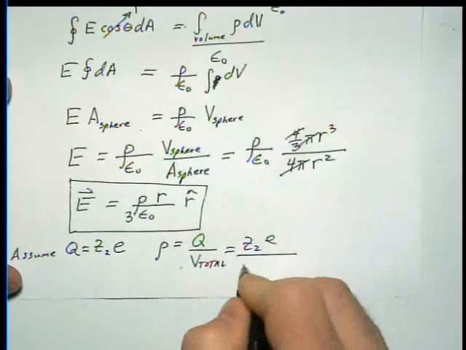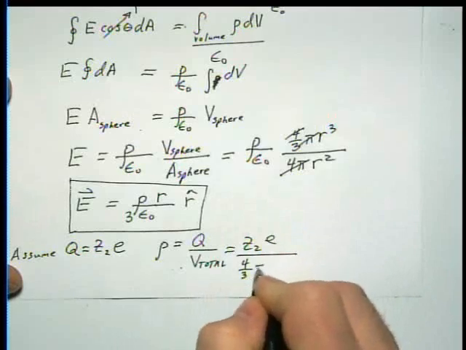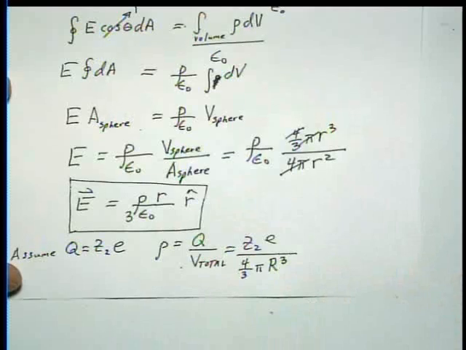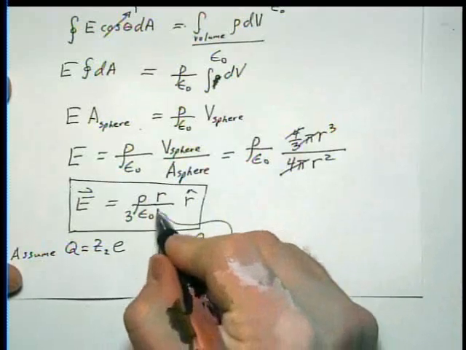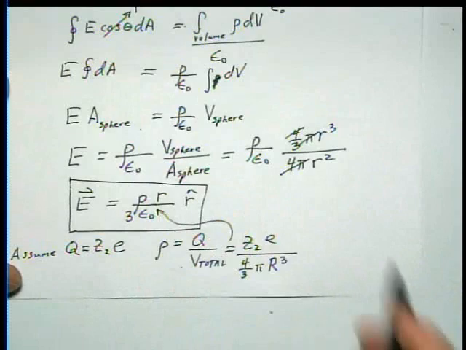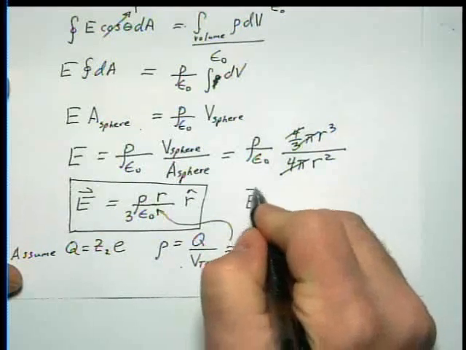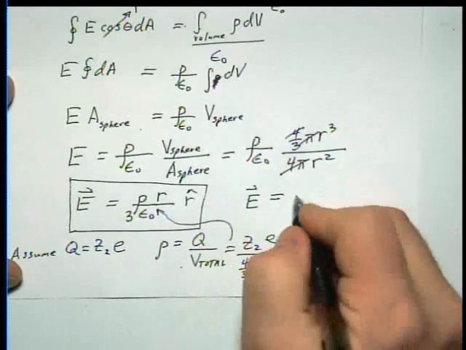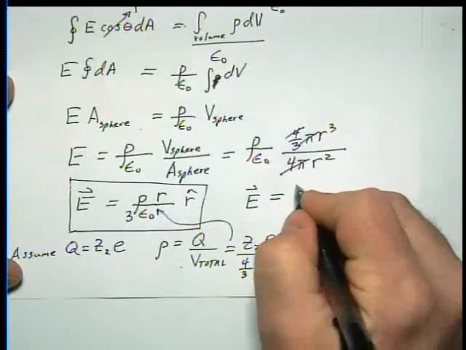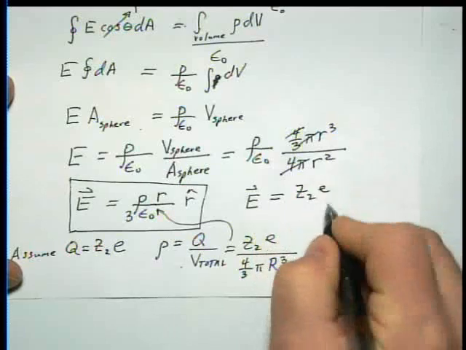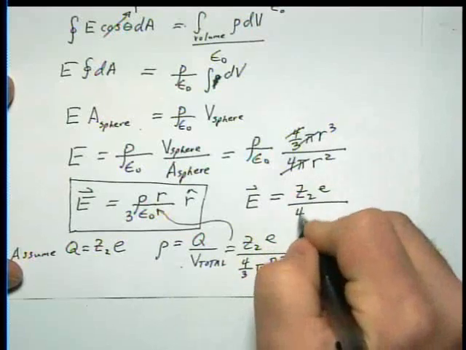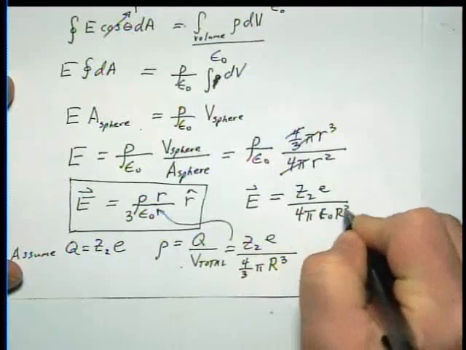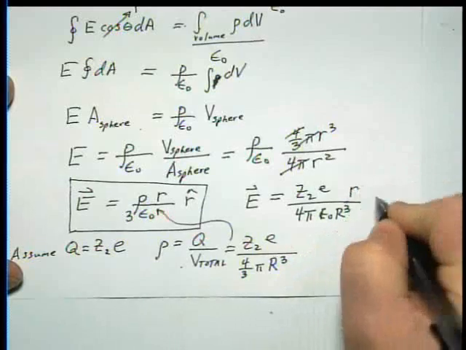And on the bottom, V total would be 4/3 pi big R cubed. And I could put that in here. All right, so if I do that, I'm going to get on the top Z2e. On the bottom, I'm going to get 4 pi epsilon naught R cubed times r hat.